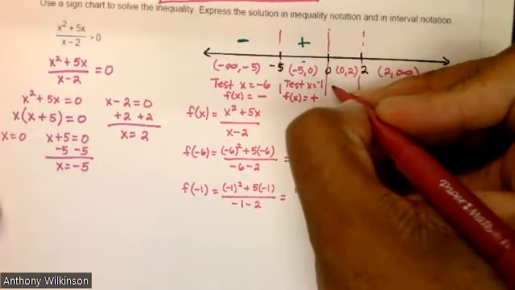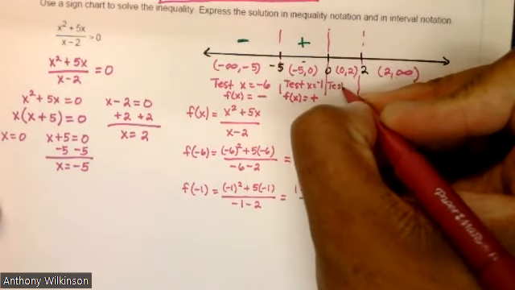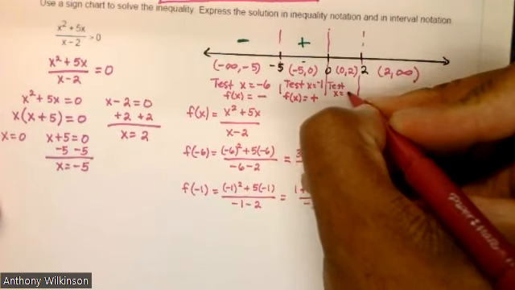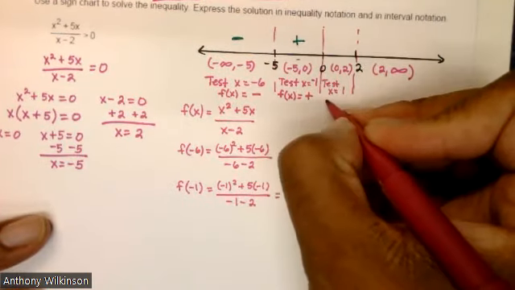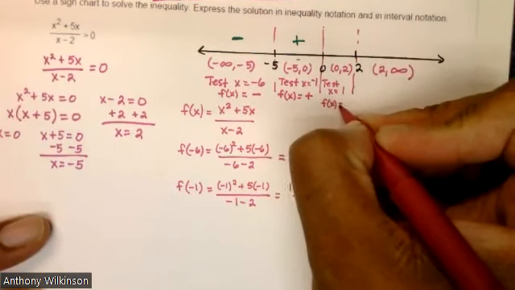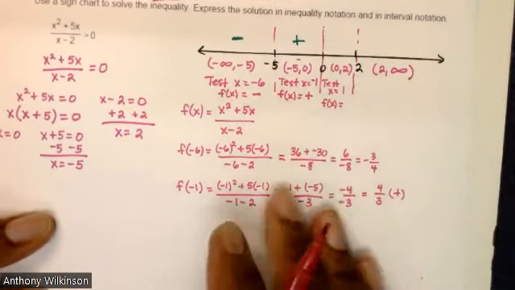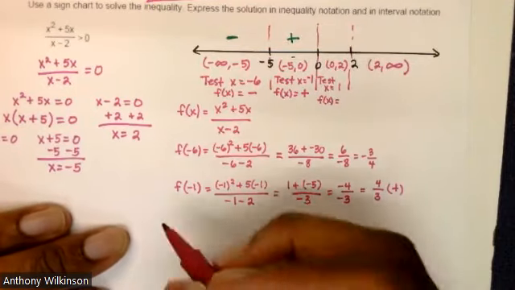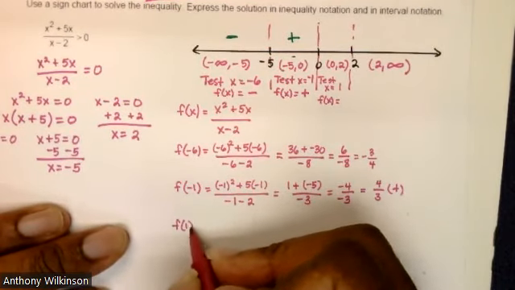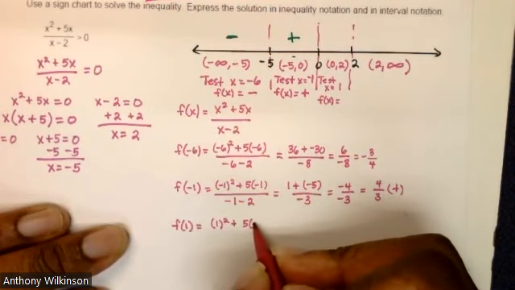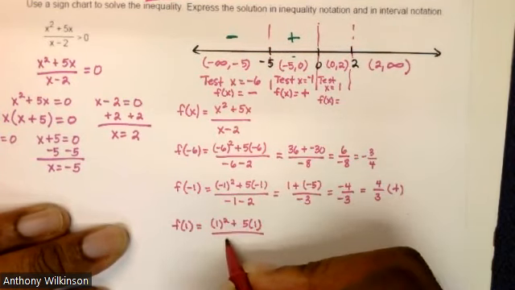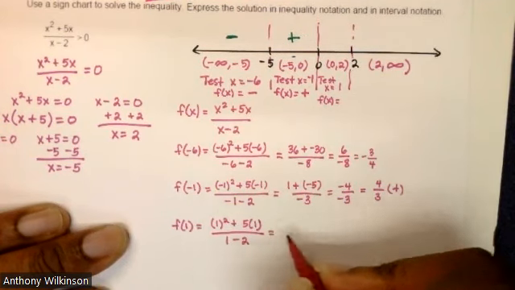Now for the interval 0 to 2, a test point for that would have to be x equal, let's say, 1. Then I'll find out whether f of x is positive or negative. So in this case here, f of 1 is going to be 1 squared plus 5 times 1 divided by 1 minus 2.